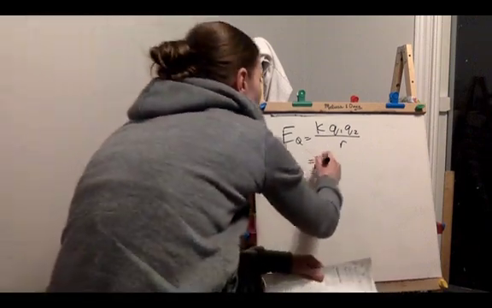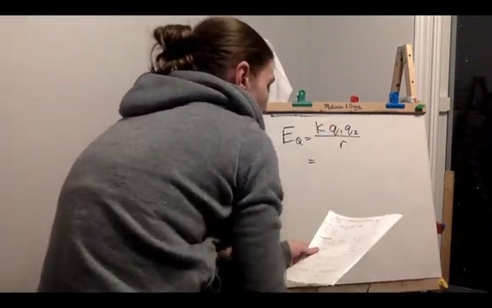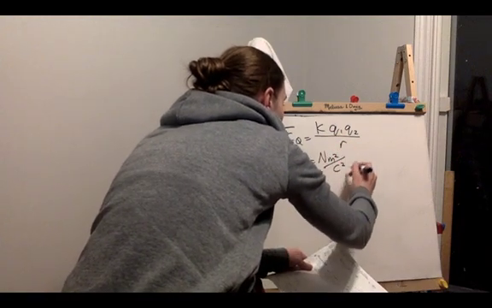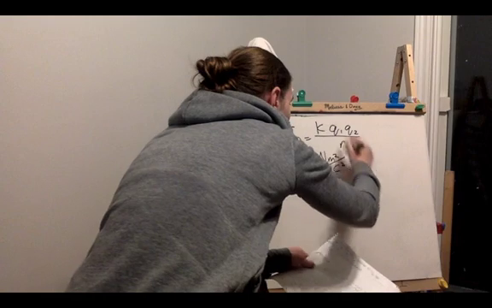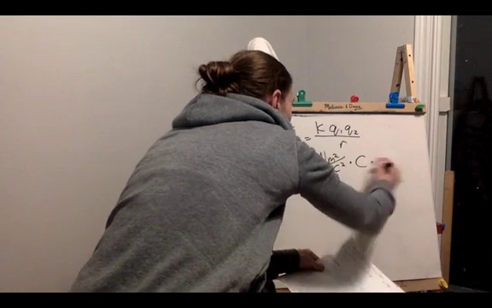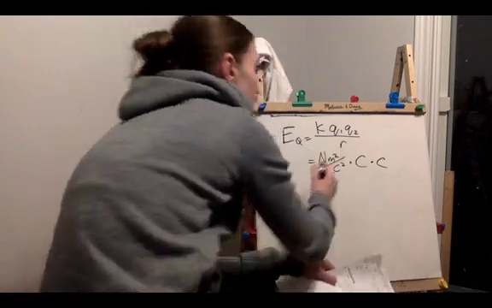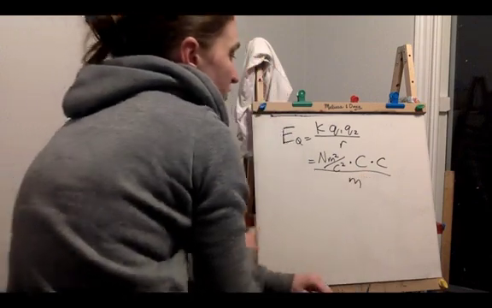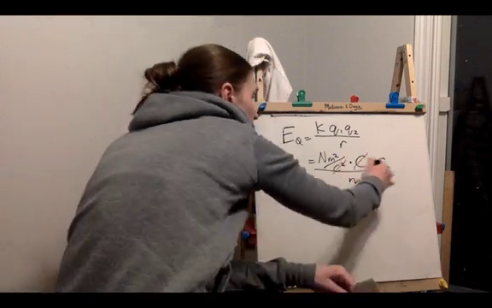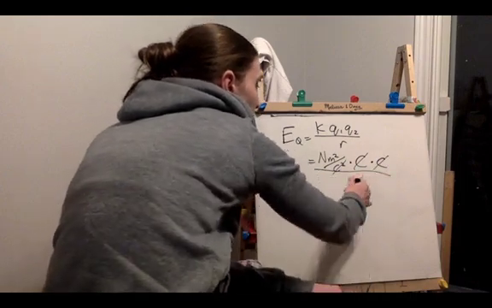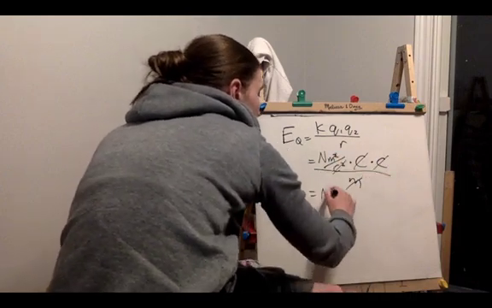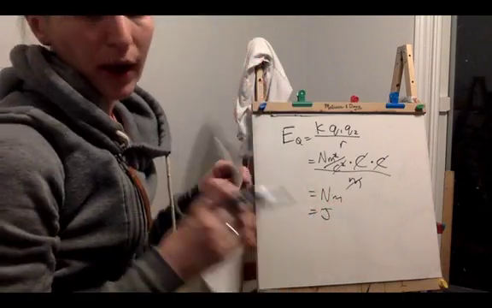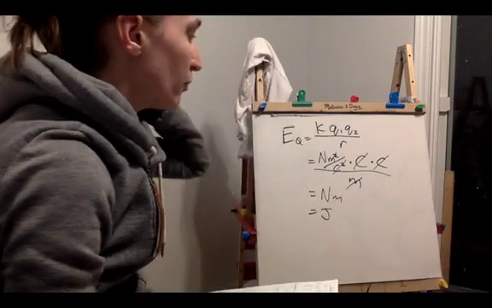Coulomb's constant is measured in newton meters squared per coulomb squared. Then you're multiplying by a charge measured in coulombs, multiplied by another charge measured in coulombs, and dividing by meters. In your unit analysis, the coulomb squared will cancel, and the meters will cancel, leaving you with newton meters, which is joules. So that's where you're getting that energy from.